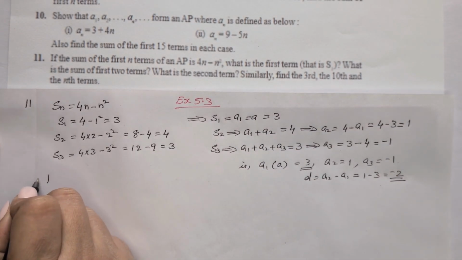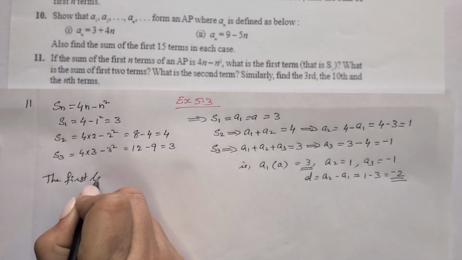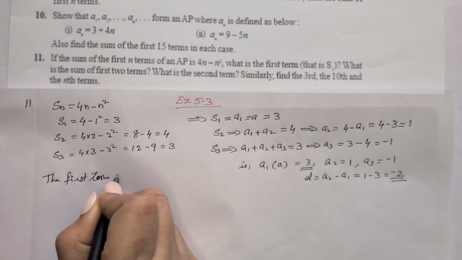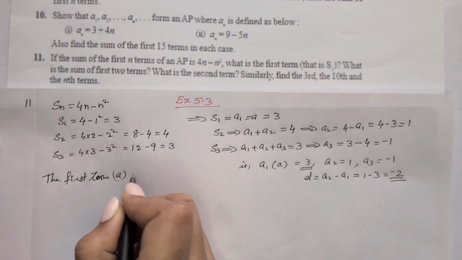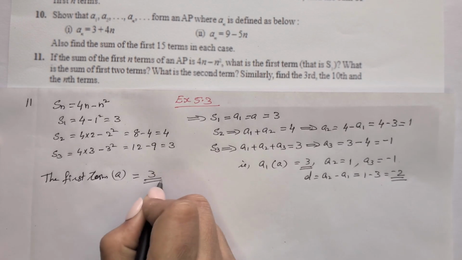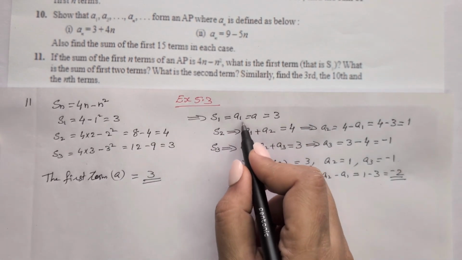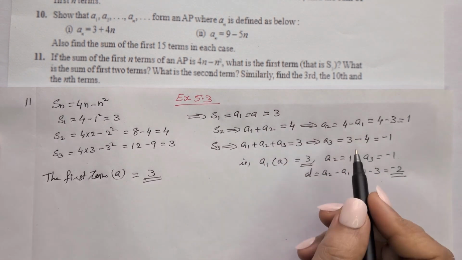So we can write the first term, that means A1 or A, is equal to 3. First term we got, that is 3. Then that is same as S1. S1 is same as A1, that is the first term.